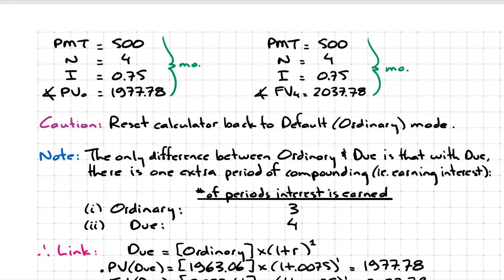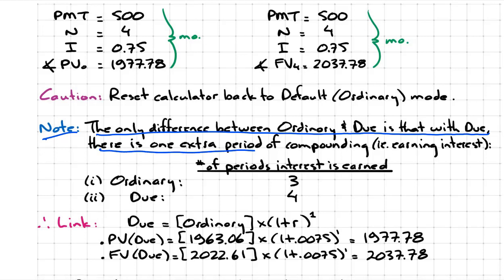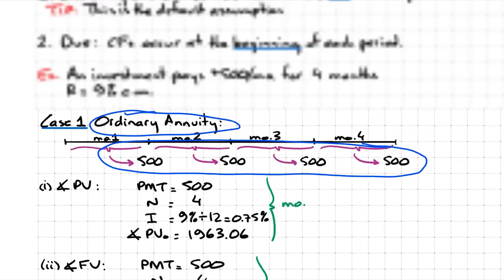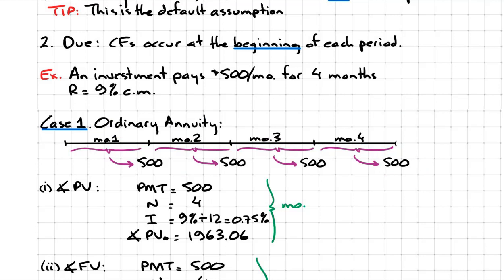Now note, the only difference between ordinary and due is that with the due mode, there is one extra period of compounding. In other words, earning interest. And here it is. The number of periods in which interest is earned under ordinary mode is 3. Let's go have a look. Here's ordinary, right?